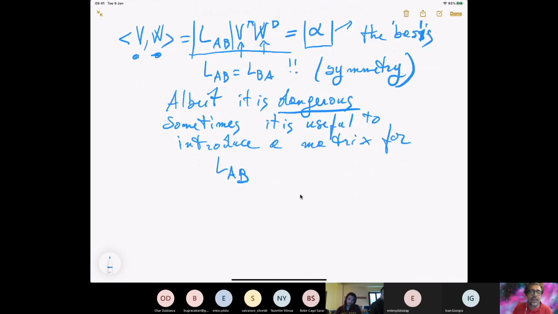For many reasons, including the fact that I don't know if I prefer to use A or B as a row or column index. Okay.